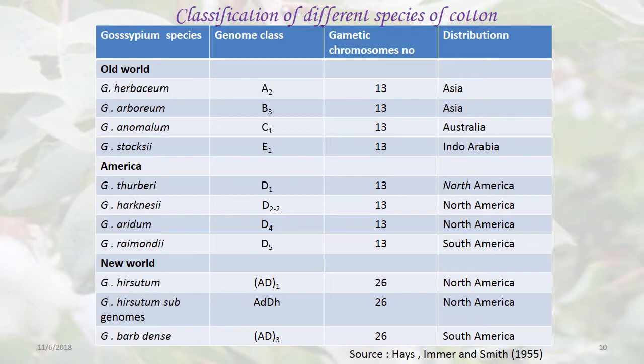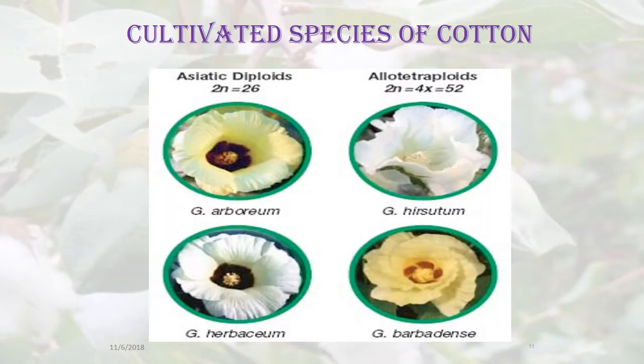Then Gossypium barbadense AD3 having 26 haploid set and it also belongs to South America. Cultivated species of cotton: Gossypium arboreum and herbaceum are Asiatic diploids having chromosome number 26, and Gossypium hirsutum and barbadense are allotetraploids, which are most popular.